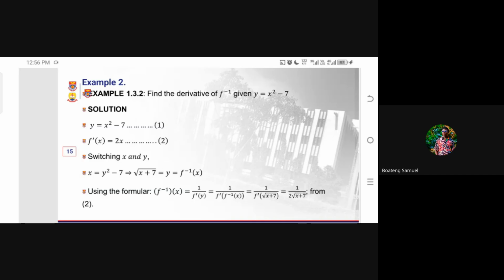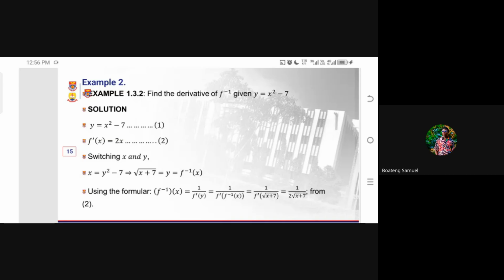What will be y prime of y inverse of x? Two times root x plus 7, so 2 root x plus 7. Very good.